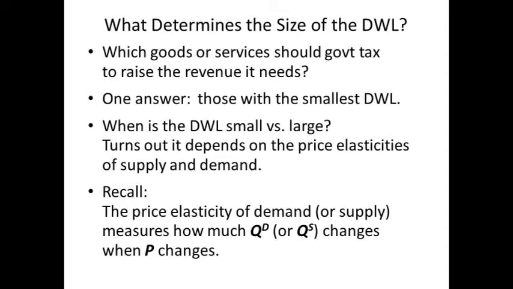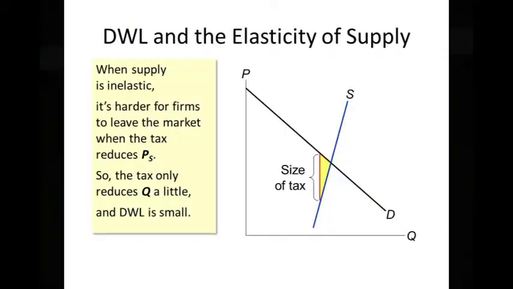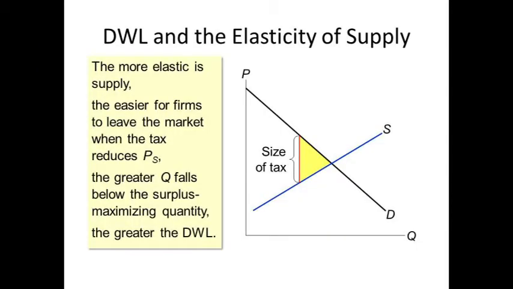And there's a disagreement about the magnitude of the elasticity of supply. Economists who argue that the labor taxes do not greatly distort the market outcomes believe that labor supply is fairly inelastic. Economists who agree that the labor taxes lead to larger deadweight losses believe that the supply is more elastic.